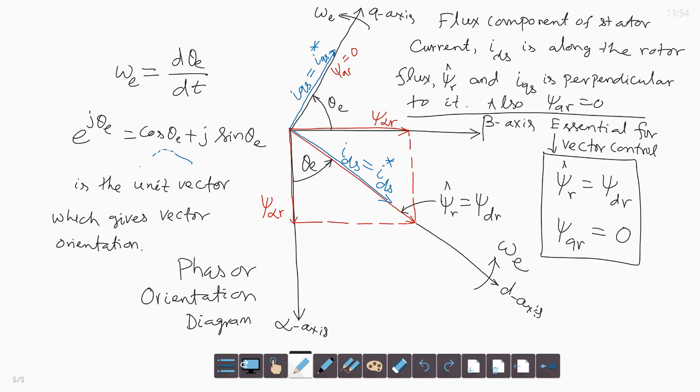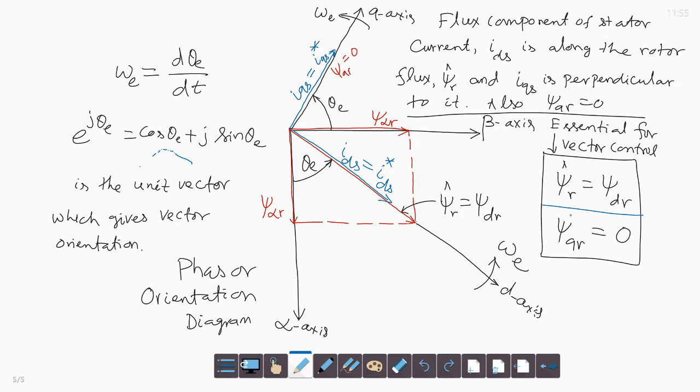Mainly in vector control the d axis is aligned along the rotor flux psi r, so that psi r is psi d r and psi q r is 0.